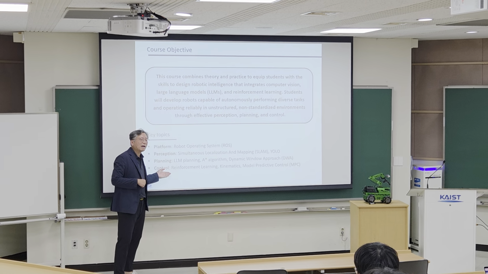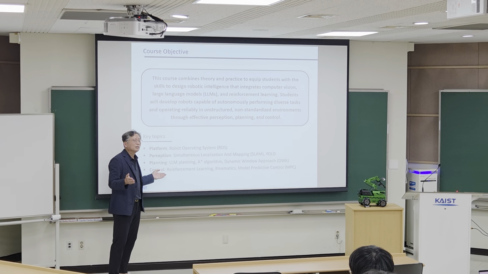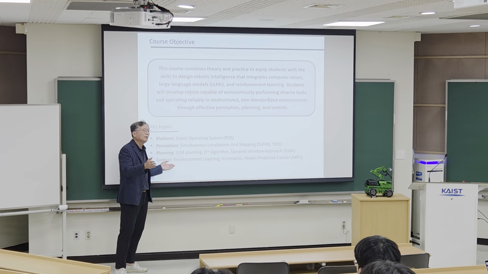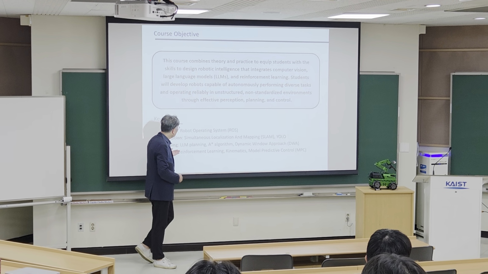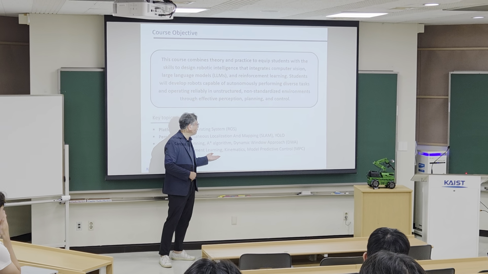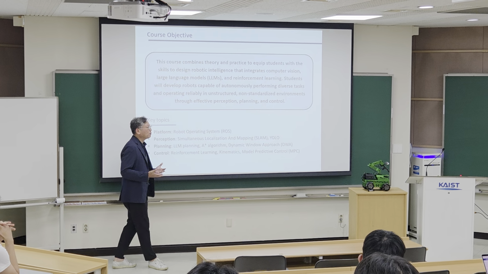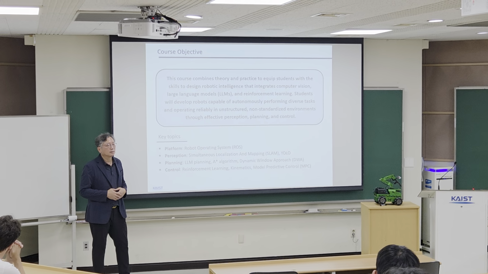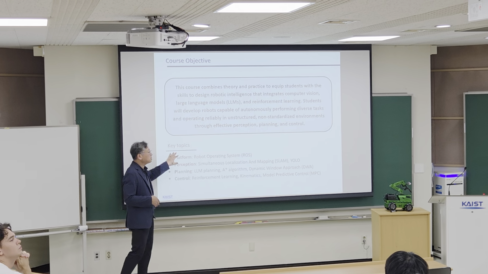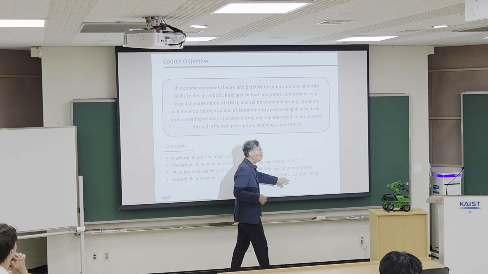And it needs to have some control in executing the plan. And it's going to be using reinforcement learning and various knowledge about robots to complete this task. So these are the key topics that will be covered here.